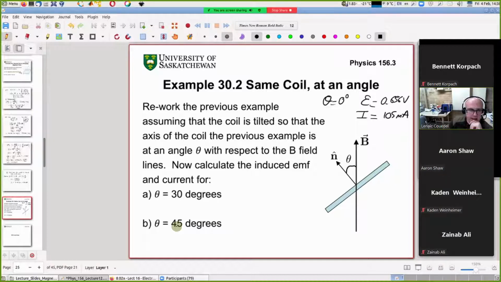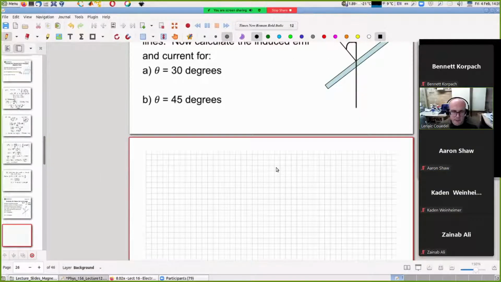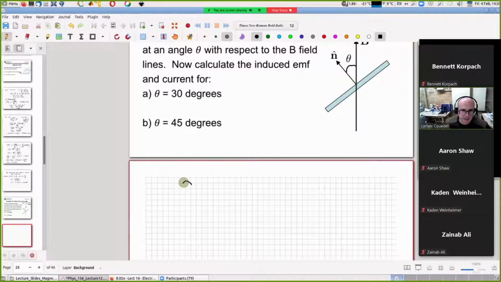Where is the main difference with the calculation we did? Dot product. Yes, exactly. The main thing is when we calculate the flux.